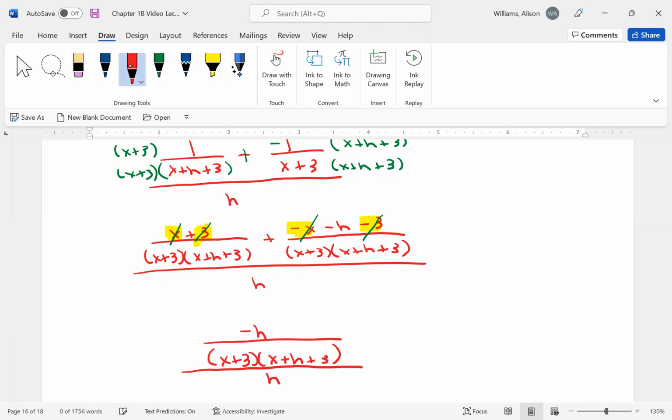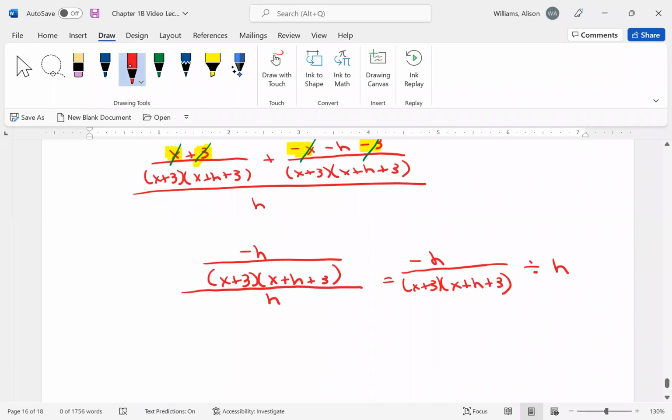Okay, now when we have a division with fractions, that means we'd flip and multiply. So to flip and multiply, here, I'm going to write it out. I'm dividing this all by h. So that's how I'd write it. And then with fractions, you take the reciprocal of the second one and change it to multiplication.